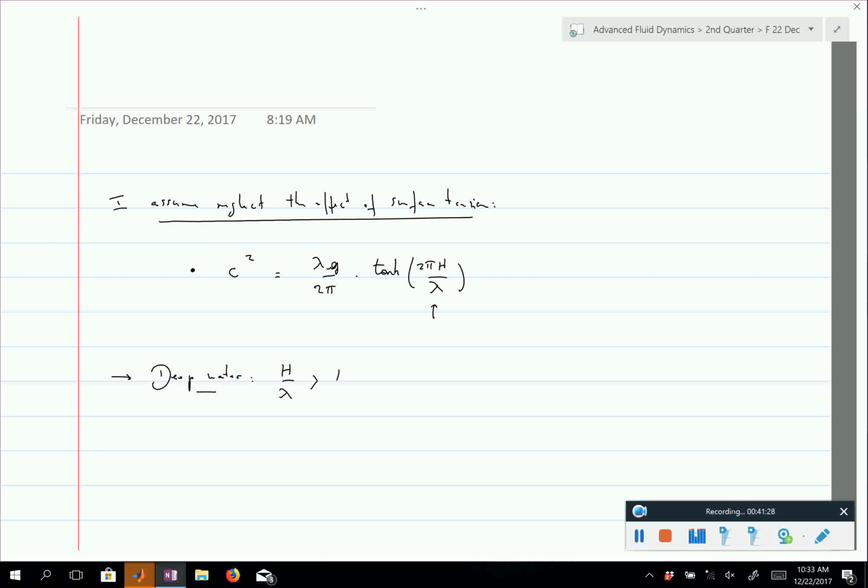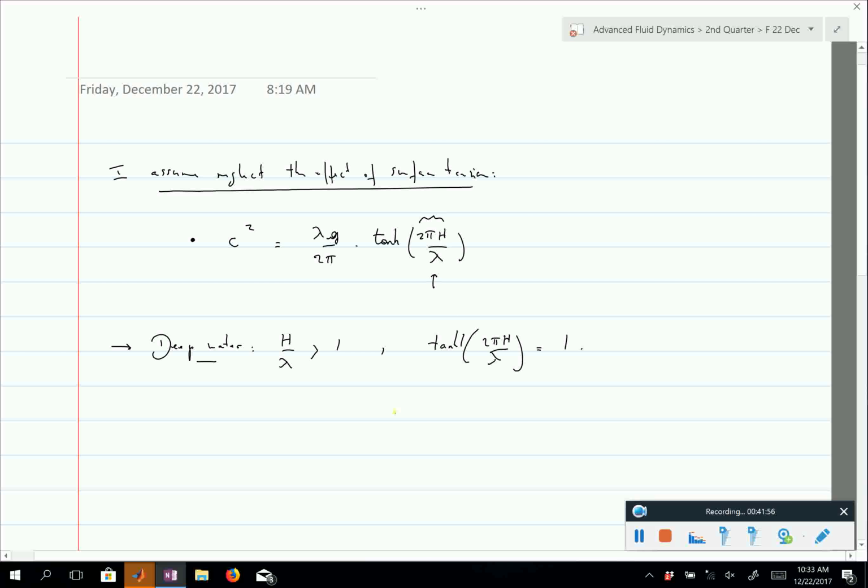It becomes a ratio of the hyperbolic sine and hyperbolic cosine, it becomes 1, and actually it doesn't take too large a number before the tangent reaches 1. So when this is a bit larger than 1, then your hyperbolic tangent of 2 pi h divided by lambda is going to be equal to 1. So this is very important, because then what is your wave speed going to depend on? It's going to be equal to, sorry, am I doing this right now?